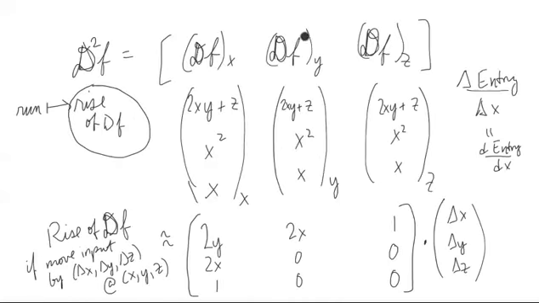So you can think of it as a vector. So if we go to the second derivative, it's kind of nice because we can think about input a vector and then output a vector as well. So the rise of df can be approximated in this particular way.